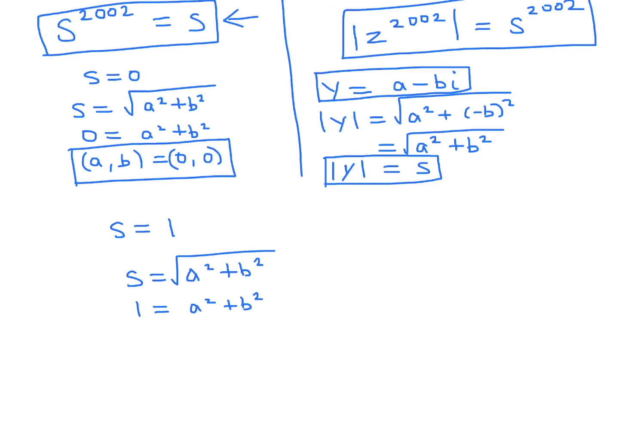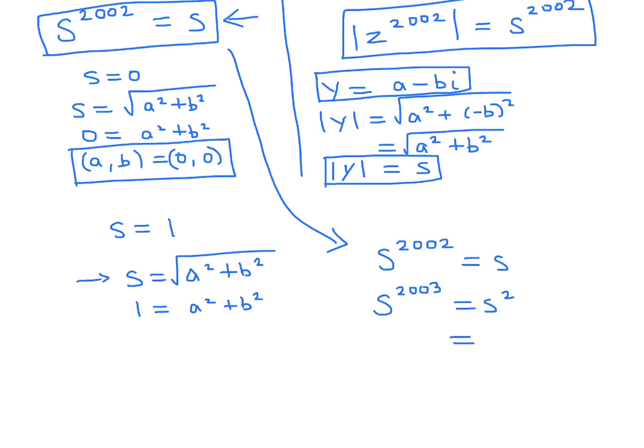So now let's bring this over and try to get solutions. We have s to the power of 2002 is equal to s. So if you multiply both sides by s, you'll get s to the power of 2003 is equal to s squared. But s squared is a squared plus b squared, which is equal to s to the power 2003.